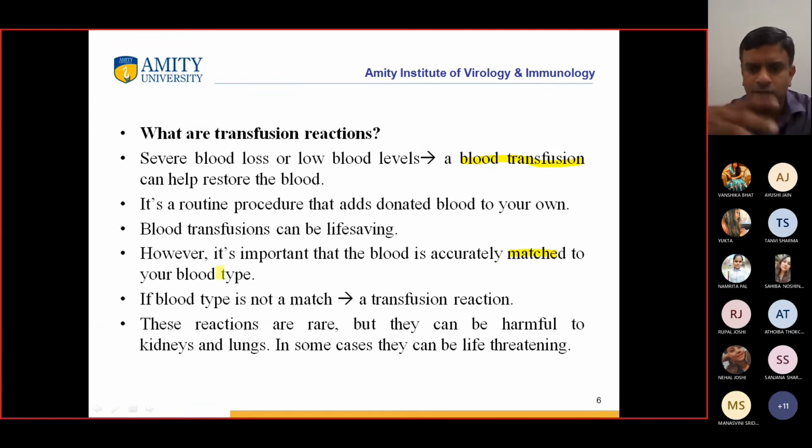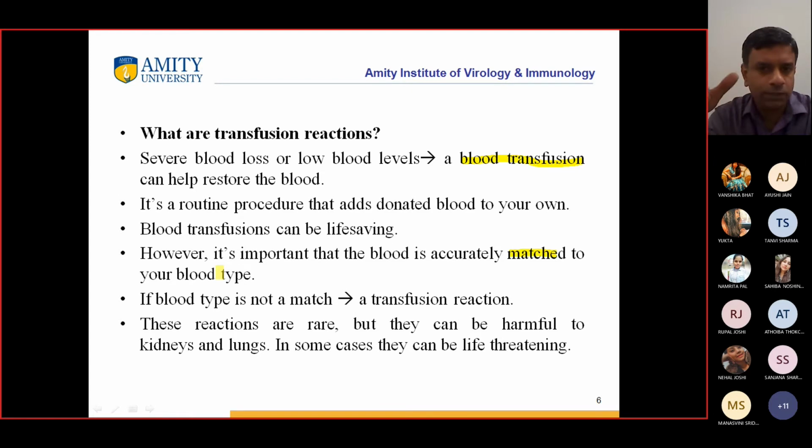We have also discussed this in the practical aspect about ABO blood grouping, and we know how the ABO blood grouping test is done by the agglutination method. Again, we use antigen antibody interaction.